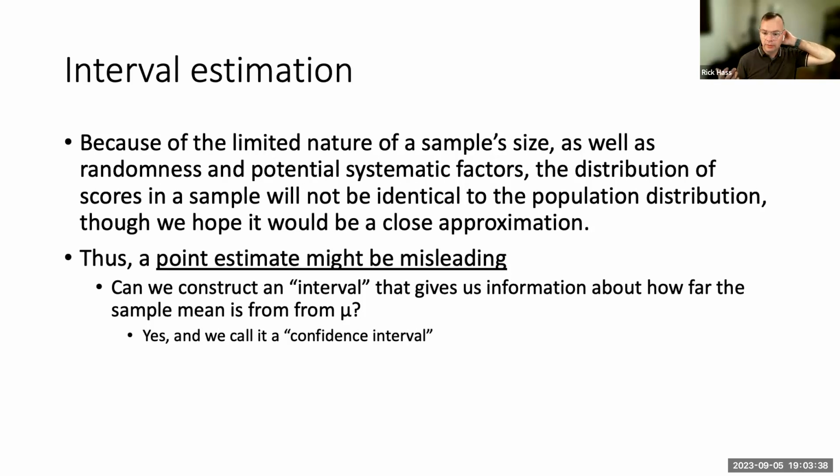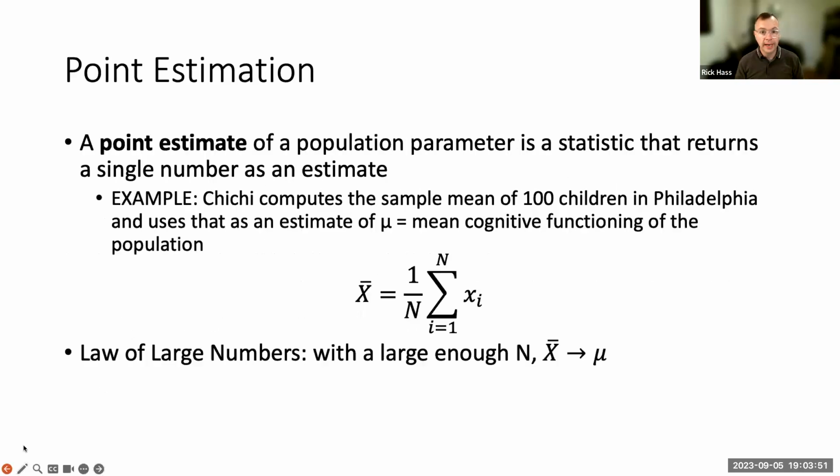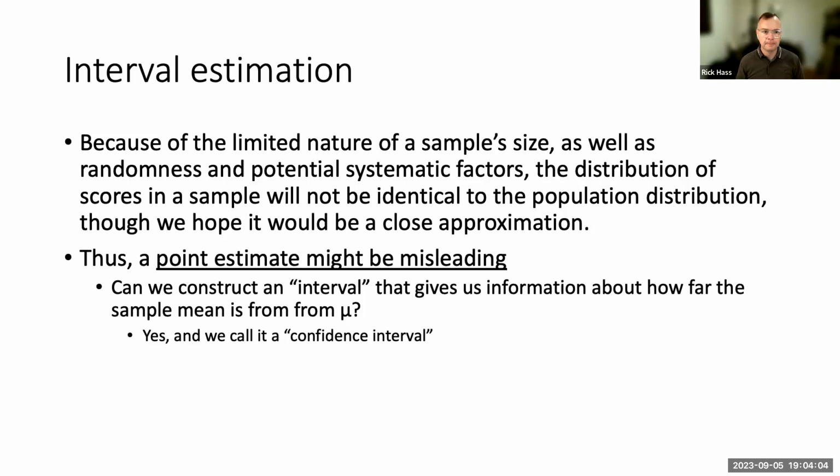So again, let's say on this test nationally, the average score is 45. We would not expect, even if we were looking at a very average set of children in Philadelphia, their sample mean to be 45 on the dot, right? We would probably expect it to be a little bit off. So a point estimate can be a little bit misleading.